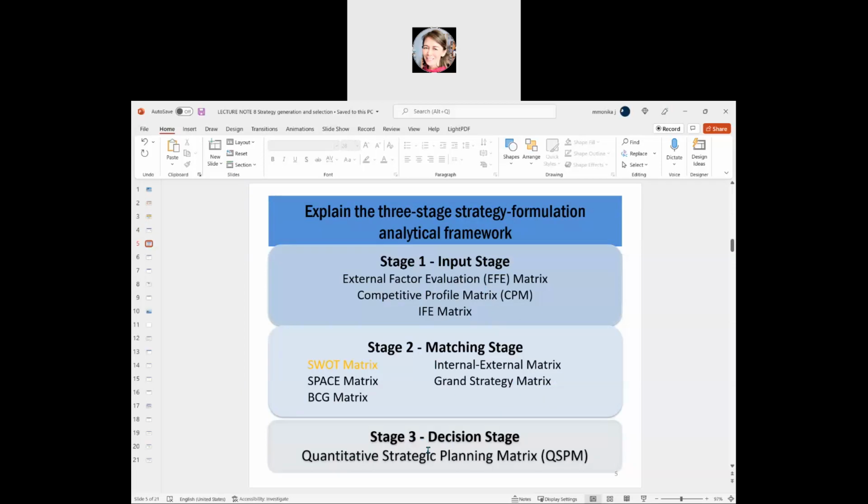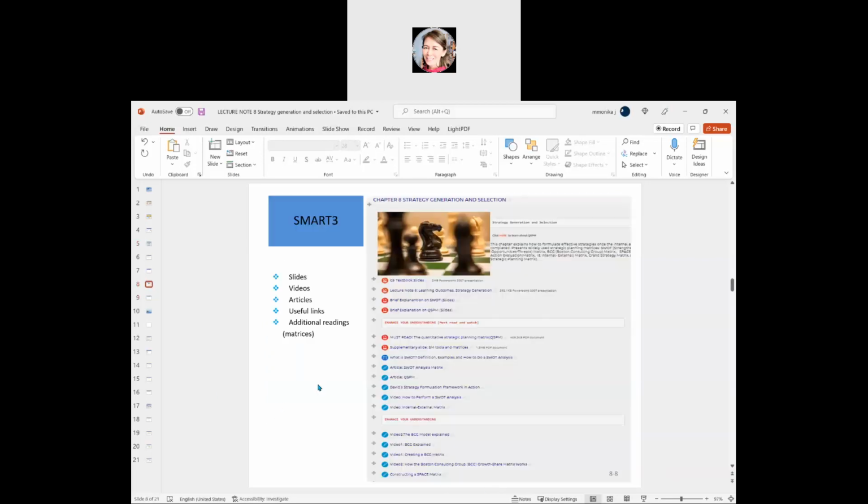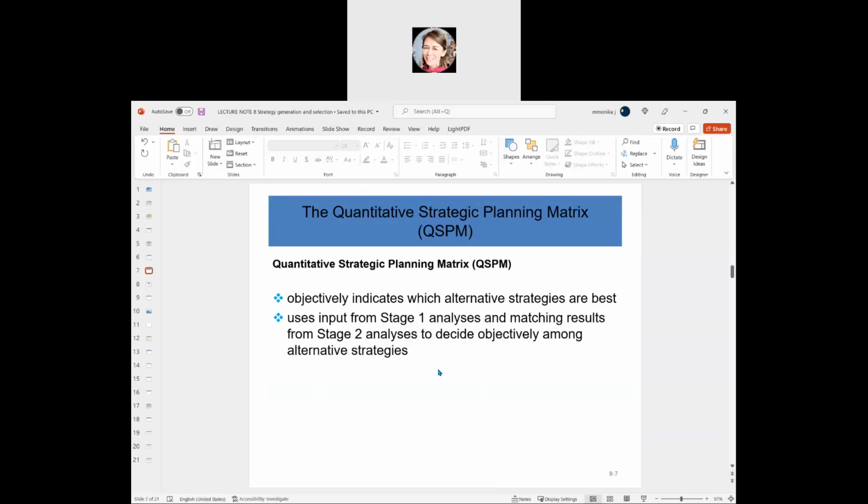In this decision stage, we can already indicate which alternative strategies are best to pursue. So this is where the decision is going to be made. That is all I wanted to share with you for chapter 8.